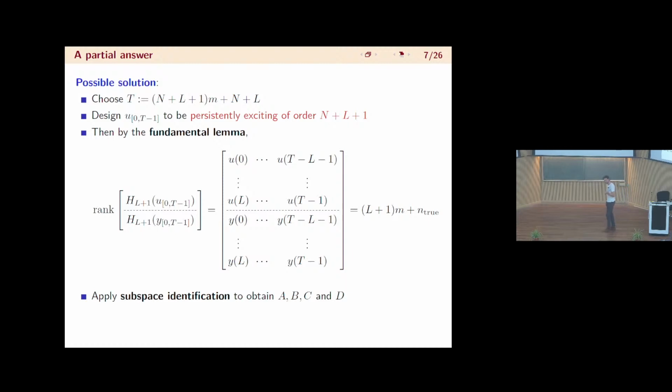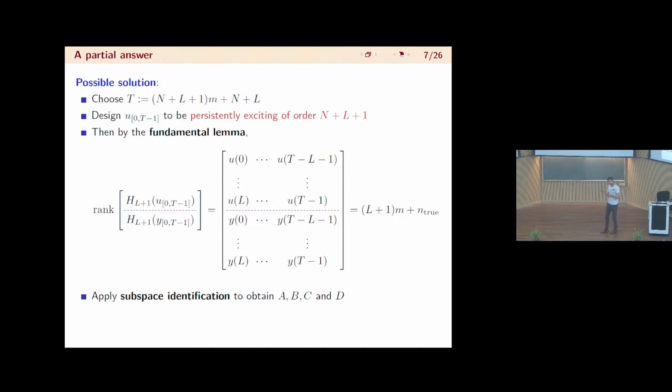Just to make one small connection to the lecture on Monday: there I explained that to apply this subspace identification method of Markovsky and co-authors, you actually needed persistently exciting inputs U of order 3n.